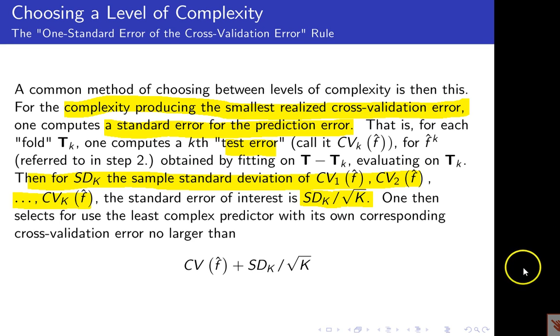I move back towards smaller complexity until my cross-validation error is larger than one standard error above the minimum cross-validation error. And the idea there is that rather than have a predictor that's too complex and overfits, I'll try to push in the direction of having a simpler predictor.